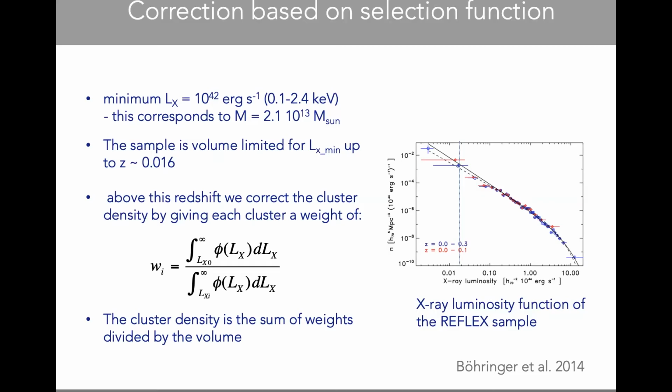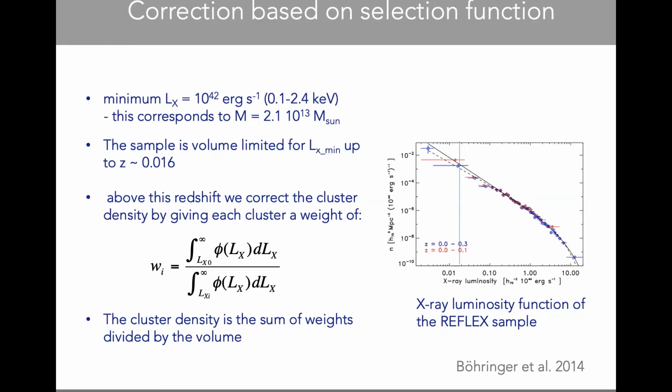So we want to correct for that, and we do that by using a weighting function. We normalize everything to the density of the galaxy clusters at the lower limit, but we look at how far we reach at a certain redshift in a certain sky location in sampling galaxy clusters of a certain luminosity. This is the minimum luminosity we get.